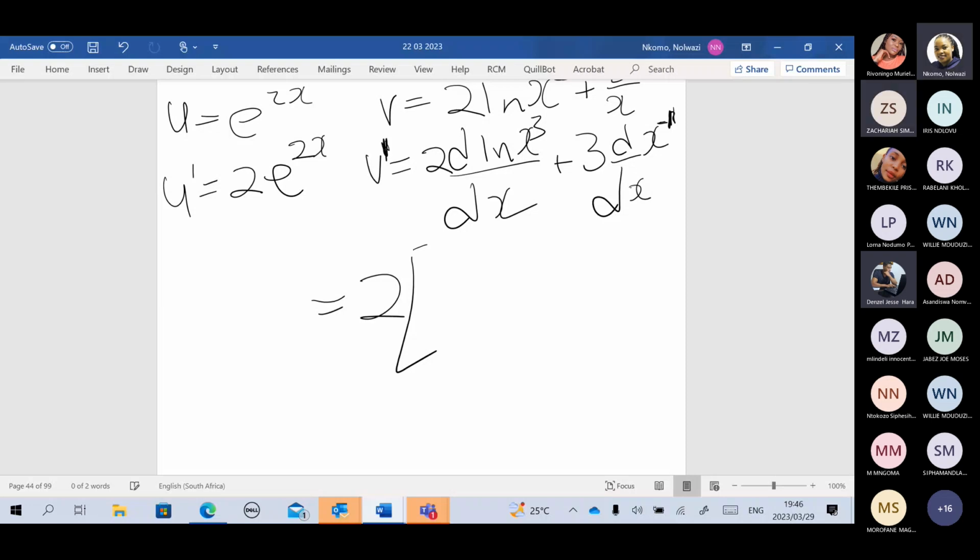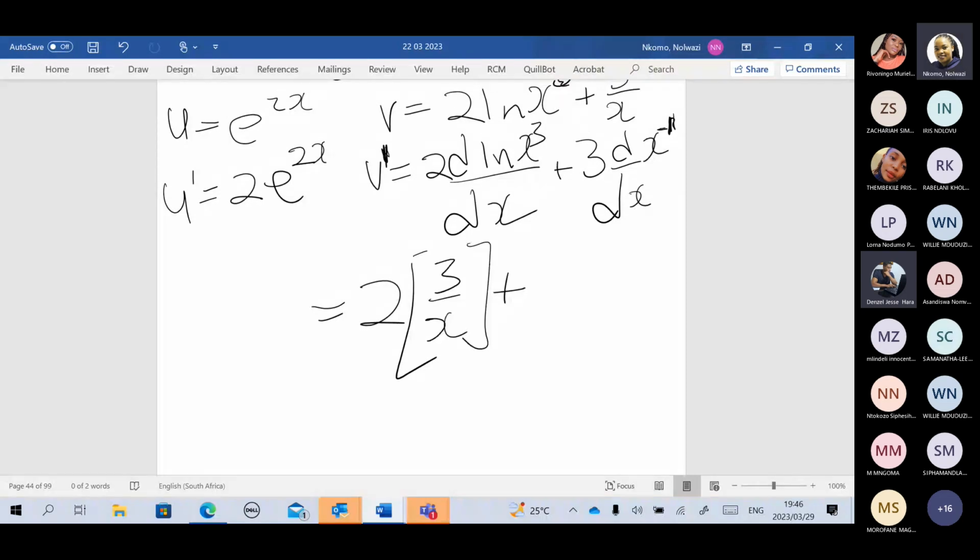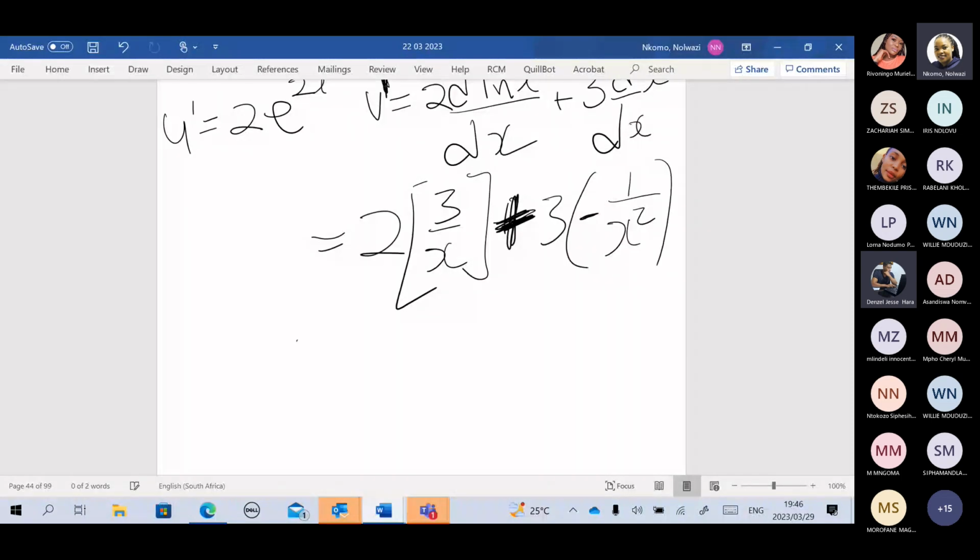Let me write this down. 3 over x to the power of 2... minus 1 over x squared, right? Yes. And this is the same thing as 6 over x minus 3 over x squared. This is our v prime.